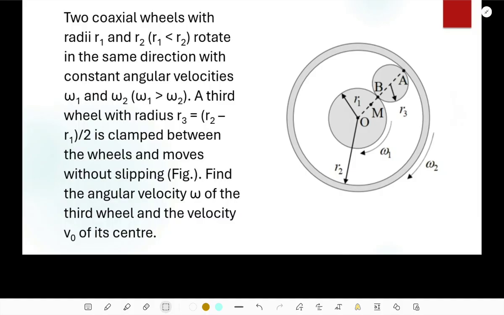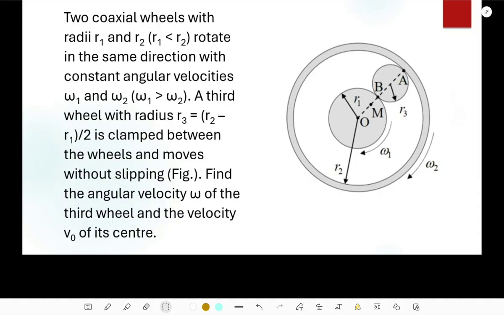Omega 1 is greater than omega 2 and R2 is greater than R1, right? A third wheel with radius R3 equals (R2 minus R1) by 2 is clamped between the wheels and moves without slipping. Find the angular velocity omega of the third wheel.